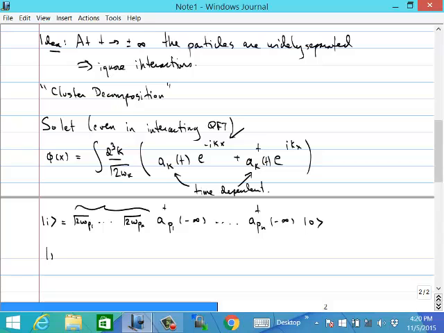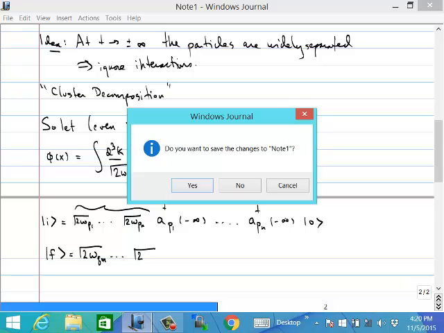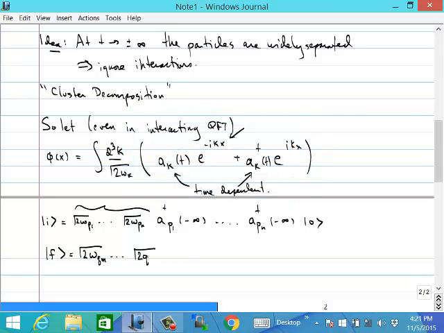And similarly, if I have a final state where I have m particles with momenta q1 up to qm, then we would define that by using the raising operators at future infinity rather than past infinity.